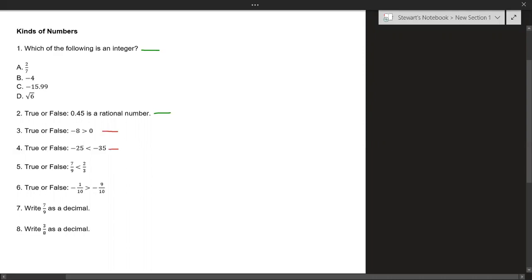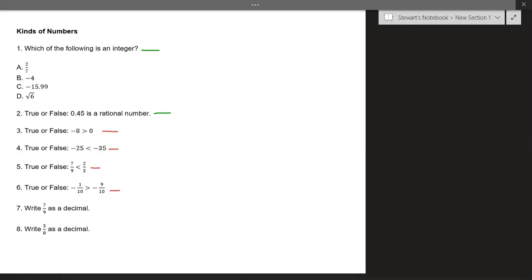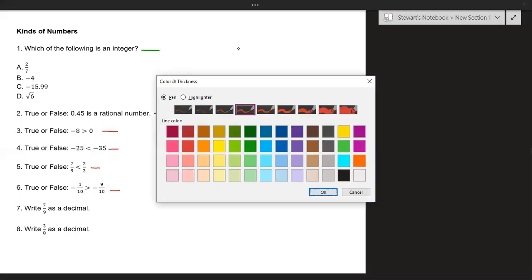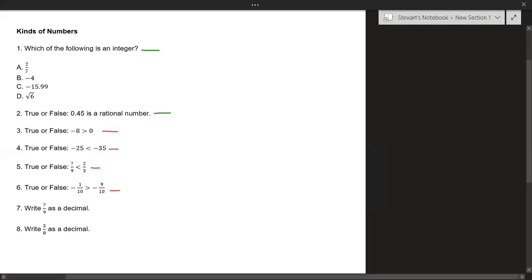In 3, 4, 5, and 6, we're talking about comparing numbers and ordering them from least to greatest. And then in 7 and 8, we are converting fractions to decimals.